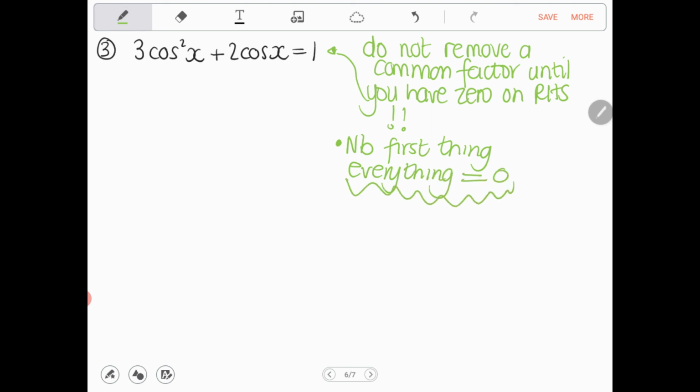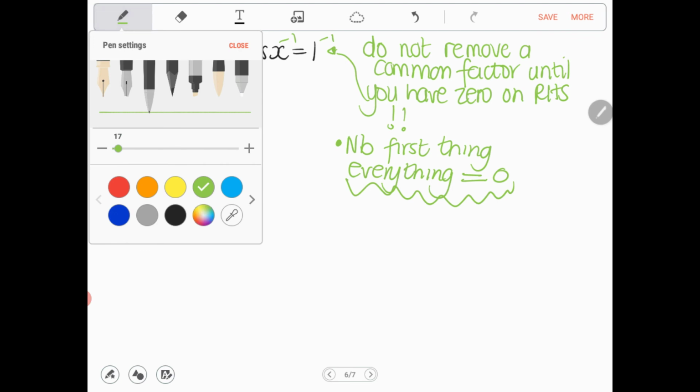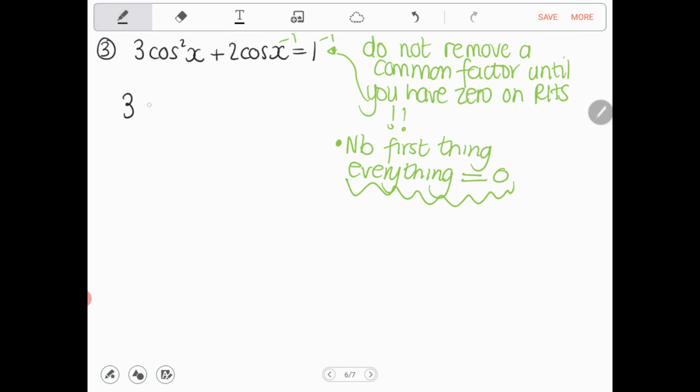All right, so I'm going to minus 1 from each side to get a naught. Once you have it equal to naught, now you can factorize.